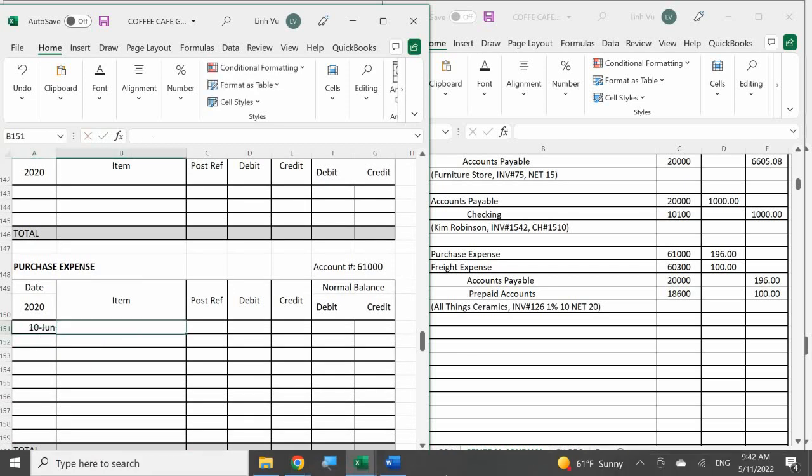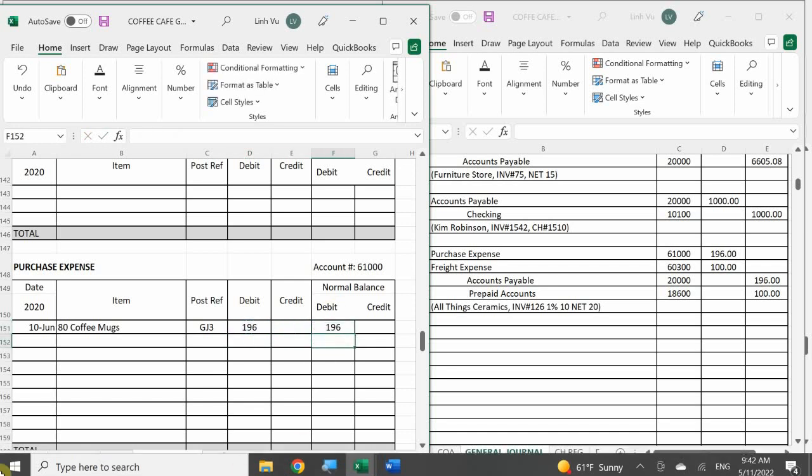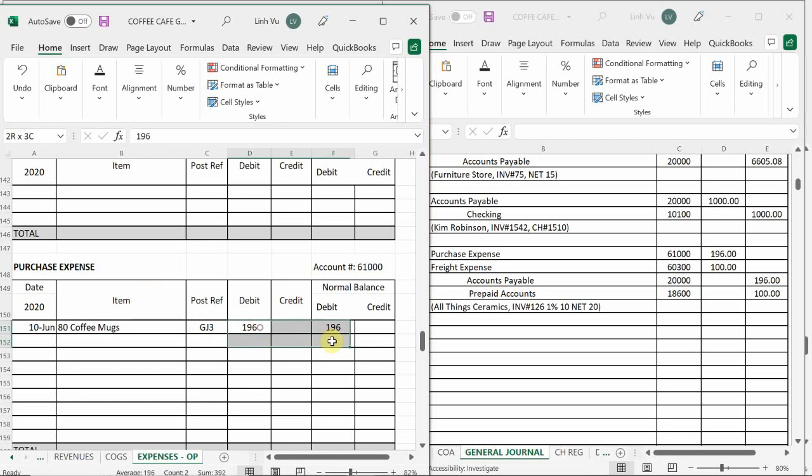What did I buy? 80 coffee mugs. We're still on General Journal 3, and I increased my expense by $196. Each coffee mug cost $2.45, for a total of $196.